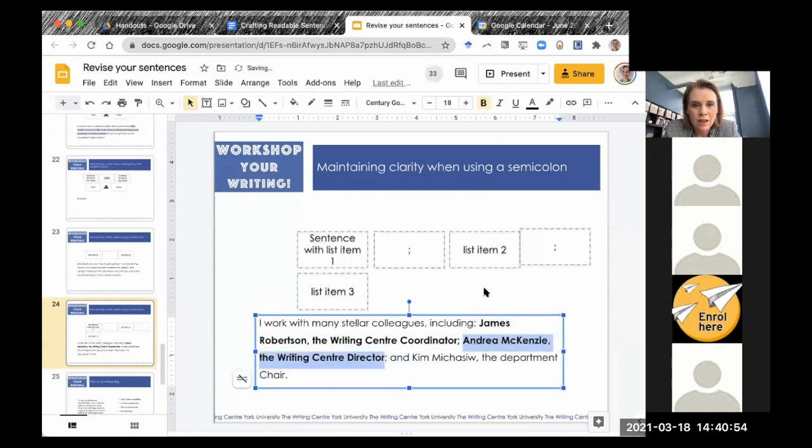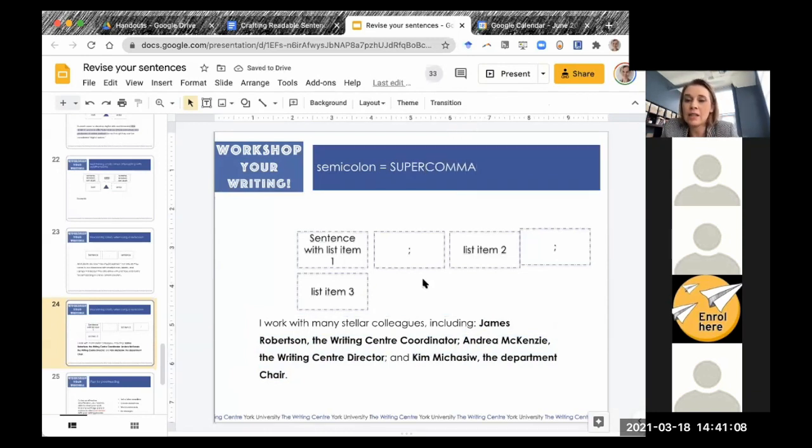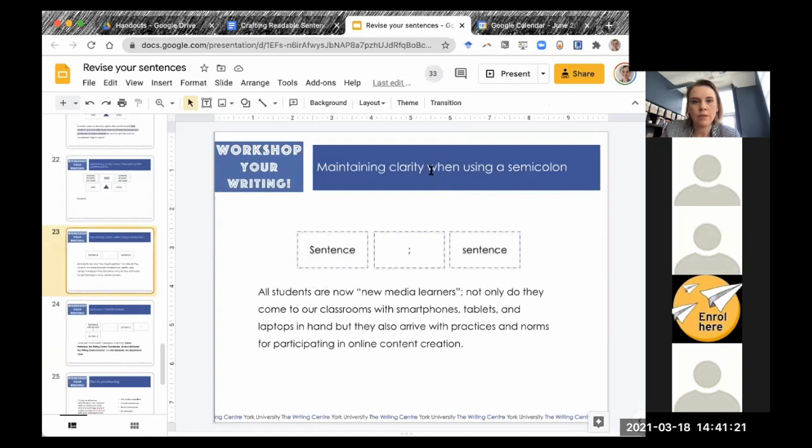This second thing, Andrea is the Writing Center director and Kim is the department chair. So that's how the semicolon is a super comma because it's acting as a comma in this complicated list. But it's clarifying which items go with each other.